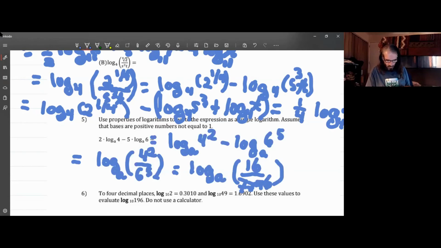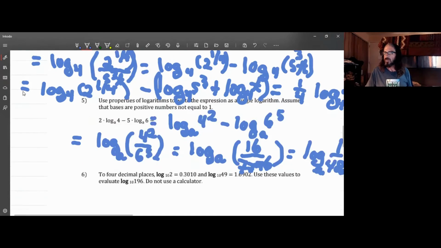They might even expect that, I'm not sure. At the very least, we could divide top and bottom by 2. Looks like we can actually divide top and bottom by 16 to get the logarithm in that unknown base of A of 1 over 486.